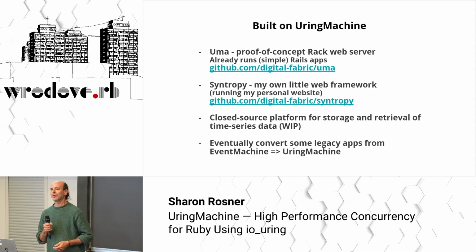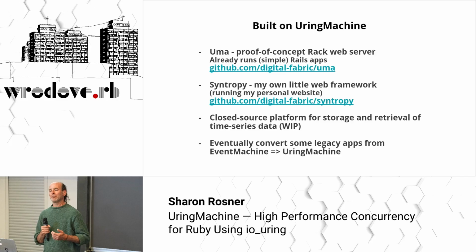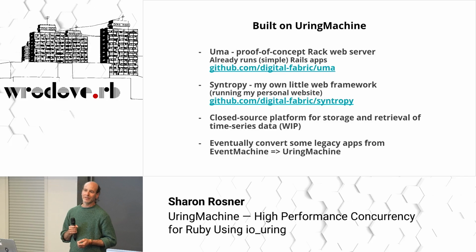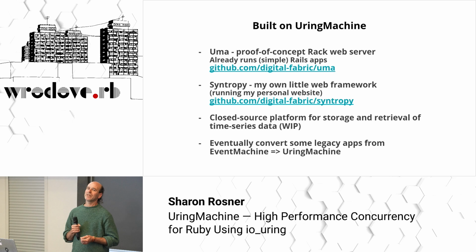So, what can you do with UringMachine? Well, for the time being, not much. There is a proof of concept Rack-compatible web server that I worked on for a few days, just to show that it can run Rails applications, but it probably will need a lot of work in order to be able to use it in production.